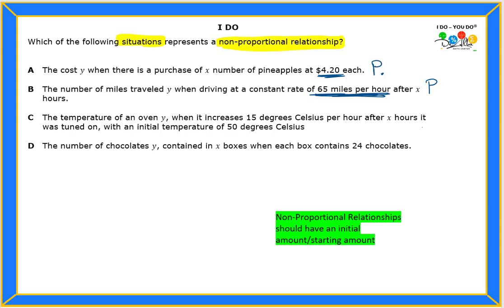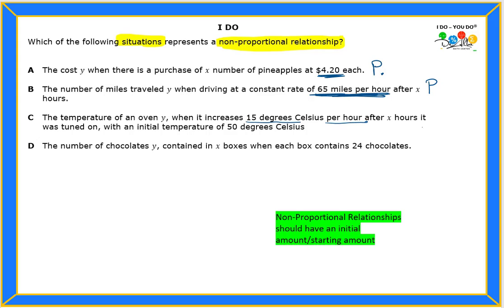What about letter C? The temperature of an oven Y when it increases 15 degrees Celsius per hour after X hours. It was turned on with an initial temperature of 50 degrees Celsius. Okay, so let's check on these two numbers. 15 degrees Celsius, it says per hour.